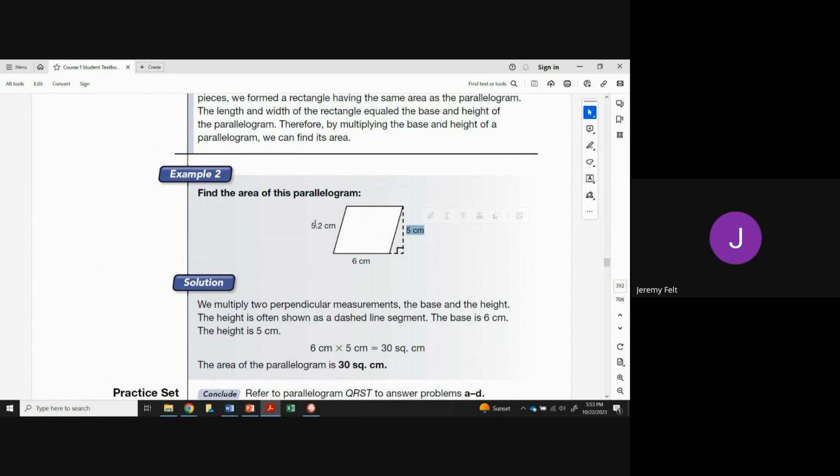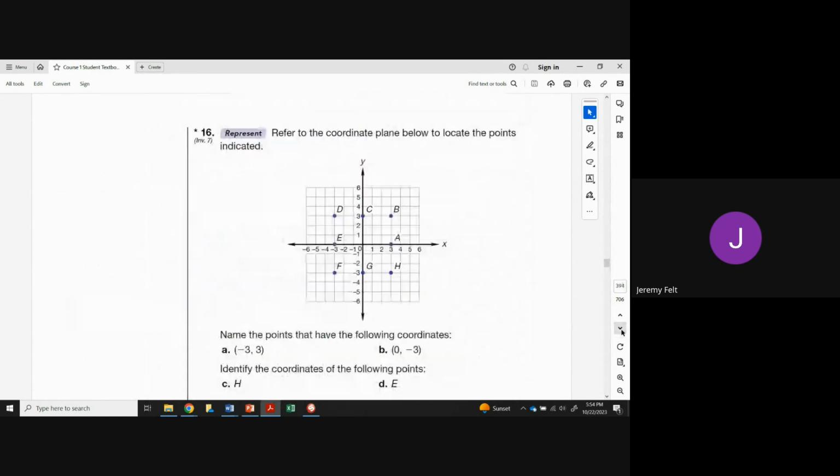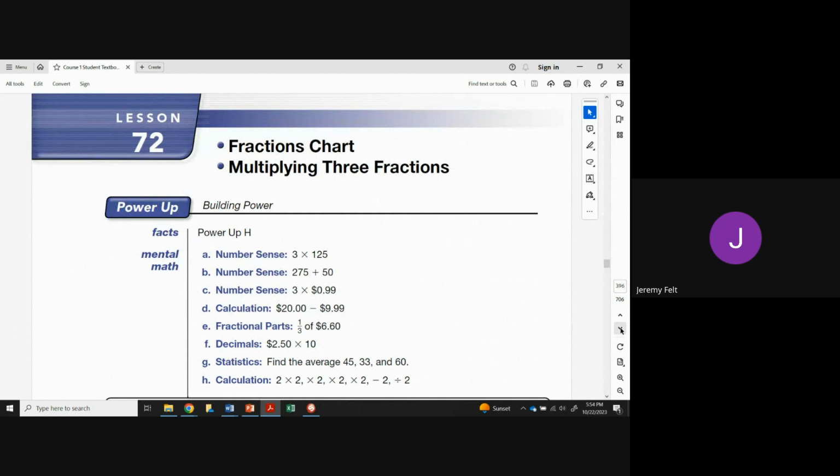If we were doing perimeter, this side would be 6, this side would be 6, this other side would be 5.2, and we would just add them all up. But for area, we just do base times height. 6 times 5 is 30, so it's 30 square centimeters. And that's all we do. If you know the base and height, plug them in, multiply, and you're done. It's base times height. This practice set we will go over as a class.